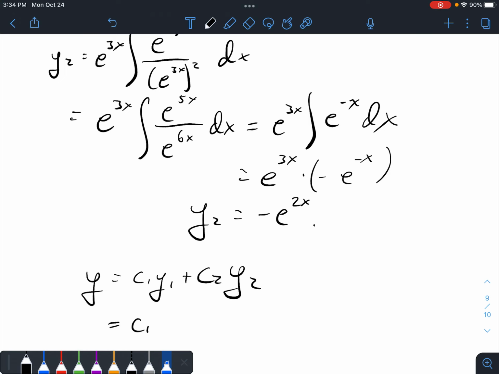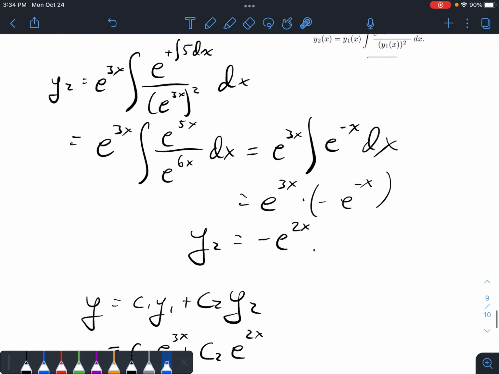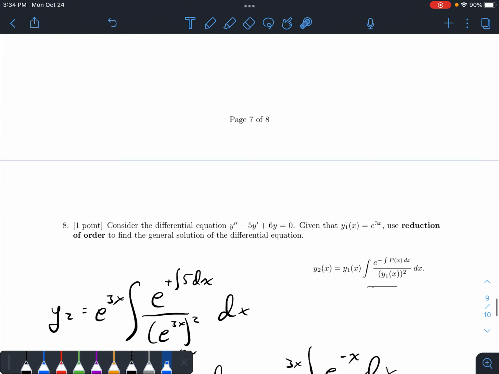Now we just replace y1 with what we had, which was e to the 3x, plus c2 times y2, which was negative e to the 2x. I'm sort of absorbing this negative into this constant c2 right here. But if you wrote this as plus c2 times negative e to the 2x, or if you wrote it as minus c2 e to the 2x, that would also be fine, but this is also correct. So that's your general solution.